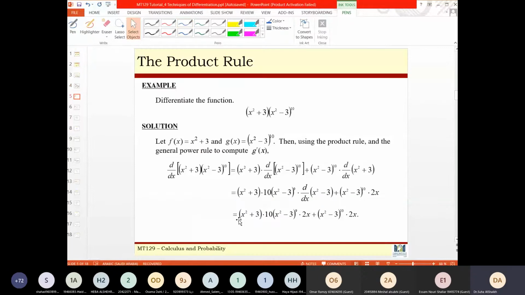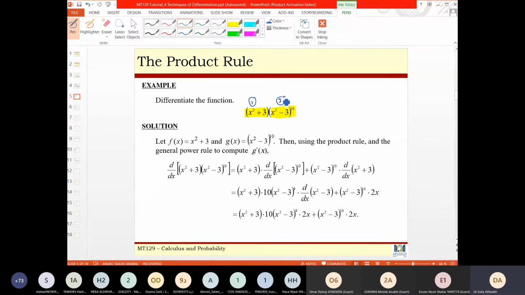Now we have this example. Differentiate this function. The function is a bracket (x^2 plus 3) and another bracket (x^2 minus 3) to the power 10. So you can see again it's a multiplication of two functions, right? The first function is this, the second function is this.